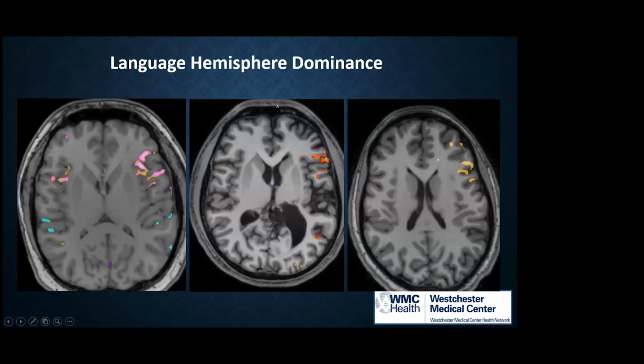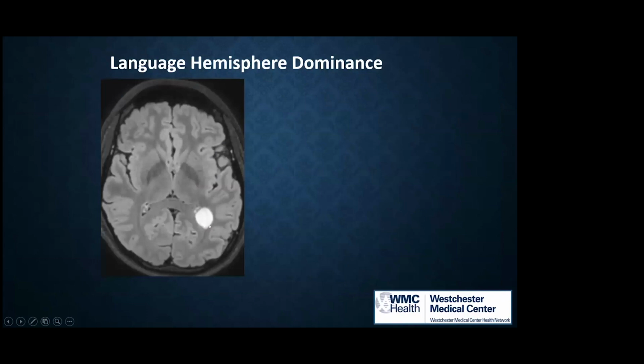For whatever reason, in my own personal experience, we're able to demonstrate more robust signal in Broca's area compared to Wernicke's. We usually have a lesser degree of BOLD activation in the expected regions of Wernicke's area. Here's a nice example of a patient presenting with an intracranial lesion in the periatrial white matter region in the left temporal occipital region.